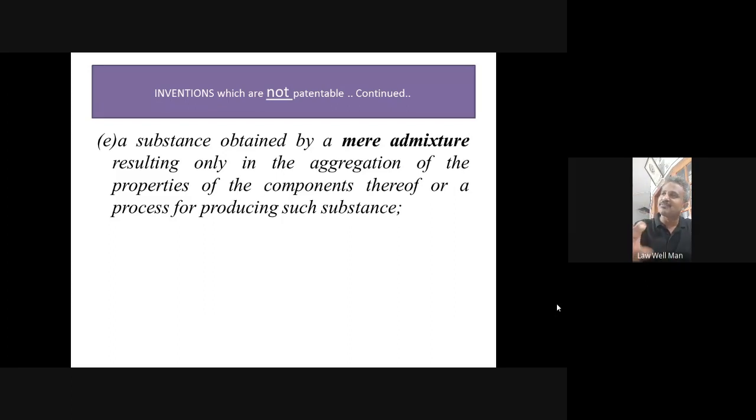It does not have an enhanced efficacy in a particular way. If it is effective for a particular disease, and this derived substance has the same effect as its predecessor had, then it is not entitled to a patent. That's what it says.